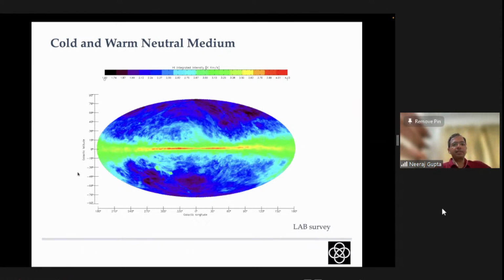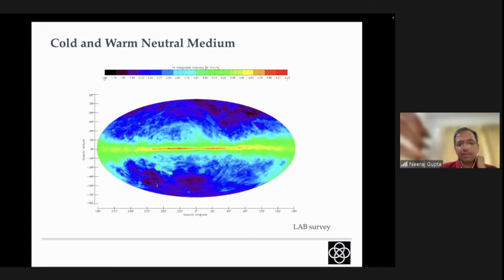So let us start. Where were we when we left? In the last lecture we understood how crucial neutral hydrogen is to galaxies in the broader context of star formation, and then also we reviewed how hydrogen being the simplest atom, we can look at its hyperfine transition, the 21 centimeter line, and that provides us a very powerful tool to map the distribution of H1 in our own galaxy to start with, and then how a combination of emission and absorption allowed us to understand that gas in our galaxy is actually distributed in two phases, one being cold neutral medium, another being warm neutral medium, right?